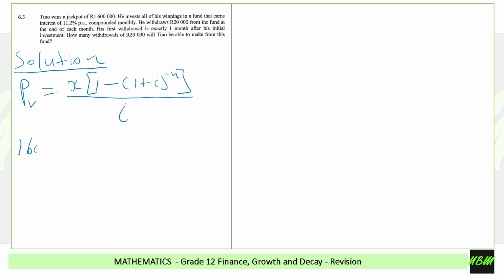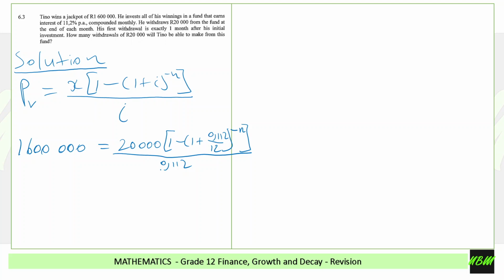The loan amount is 1,600,000, which is equal to X, the regular withdrawals, 20,000 rands, multiplied by 1 minus (1 plus i), where the interest rate is 11.2% divided by 100, 0.112, then compounded monthly, you divide i by 12, then all this to the power minus n, all divided by i, 0.112 divided by 12.